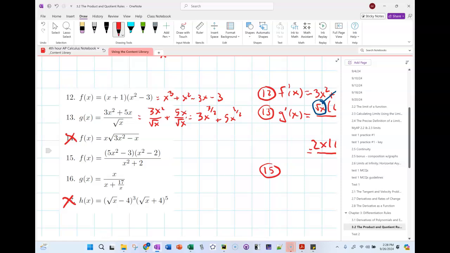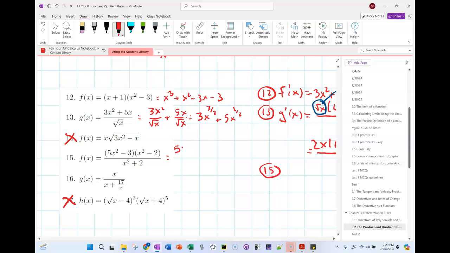If I don't have to do it that way, I prefer not to, because it gets really messy when I have to nest one of these rules inside of another rule inside of another rule. That gets complicated. My goal when I first look at the problem is, what can I do algebraically to make the calculus simpler? And I would do that.